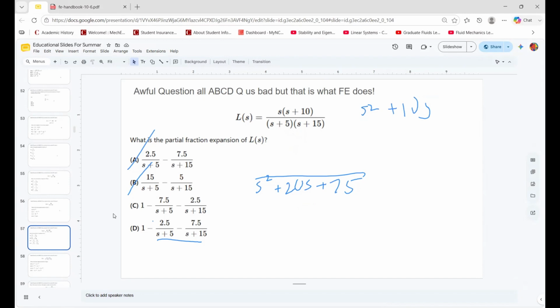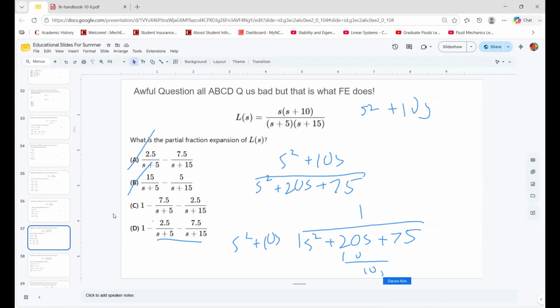Unless someone can just give me one, but I think you have to do a division over here, which is s squared plus 20s plus 75 divided by s squared plus 10s, that drill. And then we have 1, right? That'll give you 10s, so 10s is back. And then we have that as 10s plus 75, I guess.